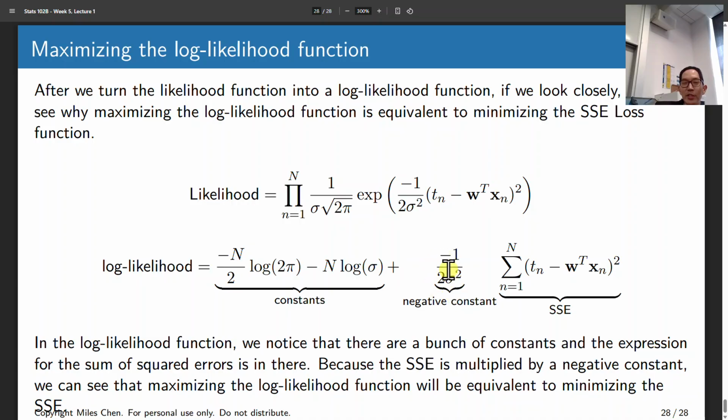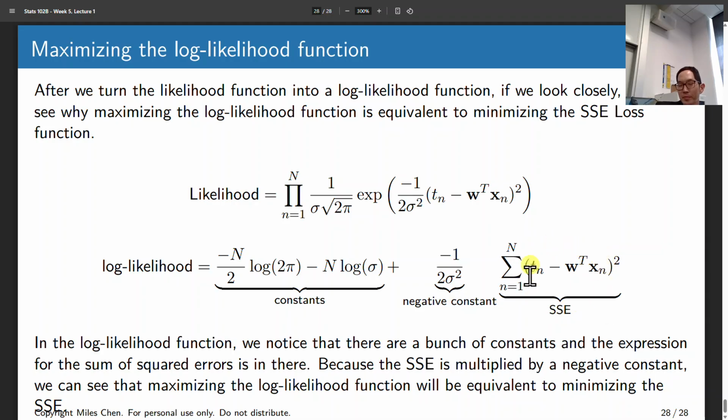And here we have a negative constant. And this part, when you take the log, turns into a summation of basically this part right here, our actuals minus our predicted value. And so this part right here is the sum of squared errors. So this just shows up when you take the log of the likelihood function.